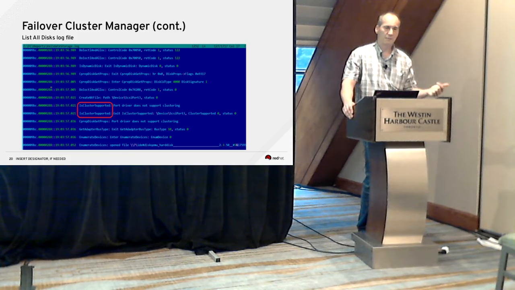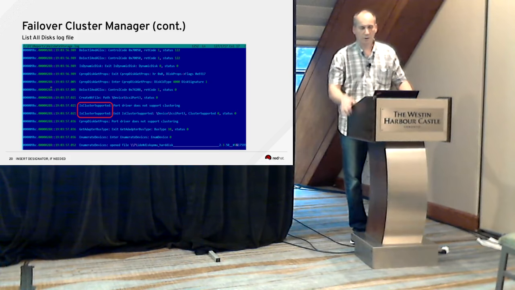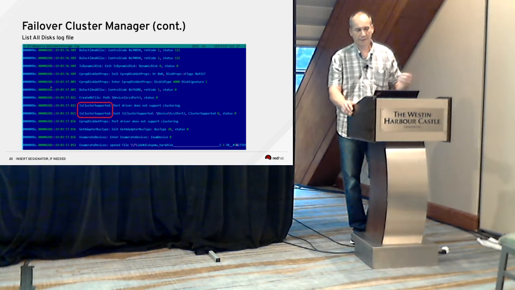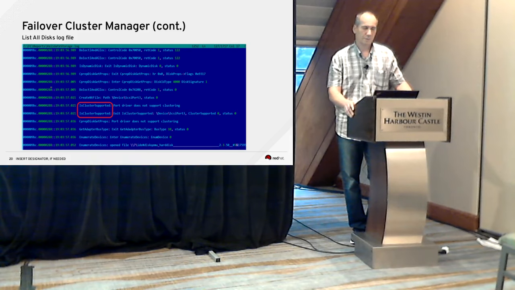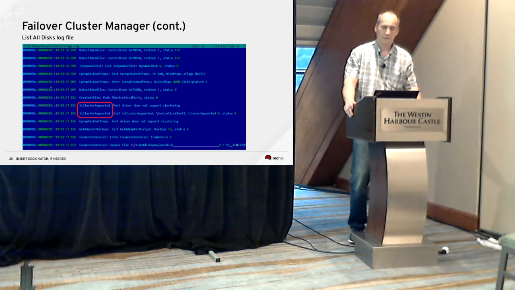It has to support SCSI-3, and it also needs to support persistent reservation. We tried to see what was going wrong, because we hadn't seen any request regarding persistent reservation at that level. The disk was basic, formatted as NTFS, and everything looked like we fulfilled all the requirements.